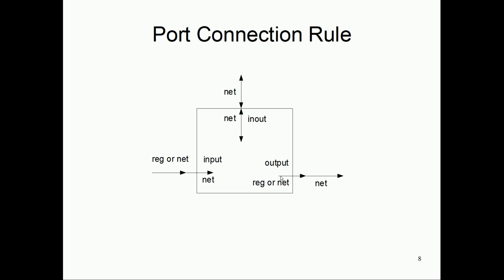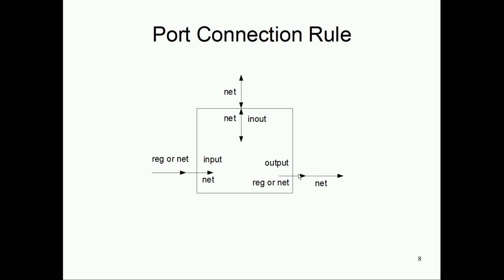Then the rule is that an in-out port can only be connected with a net or wire, either inside or outside. It has to be a wire. And an output port, on the outside of the block, has to be connected to a net or wire. Inside it can be a net or register.